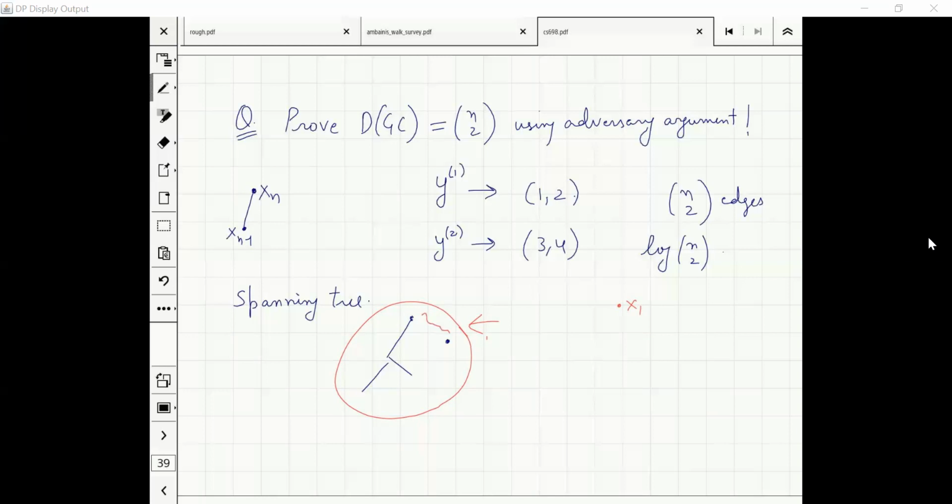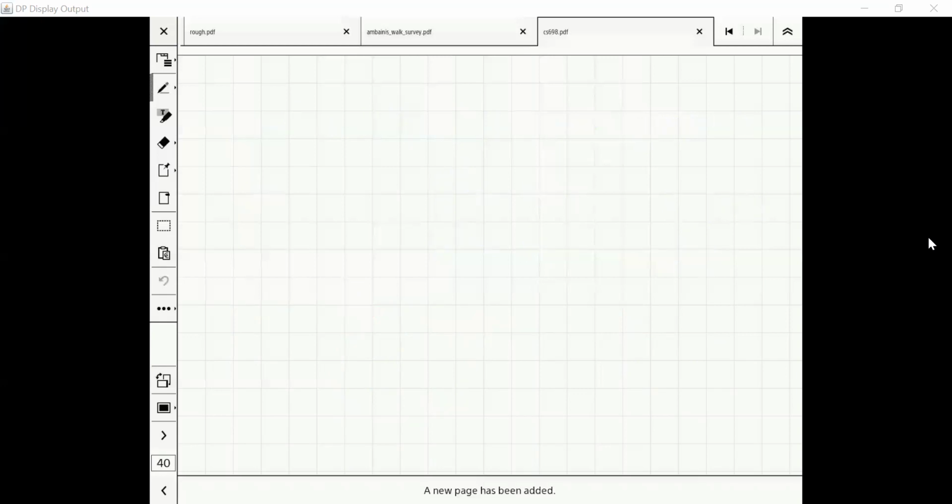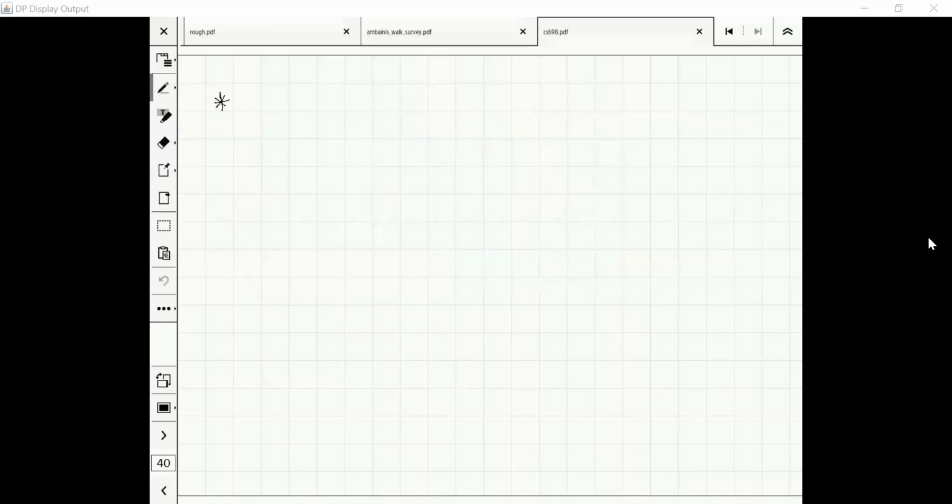Okay. Let's try to see how to come up with the adversary argument. In this case, as we said, what we want to do is to answer so that the graph is barely connected.